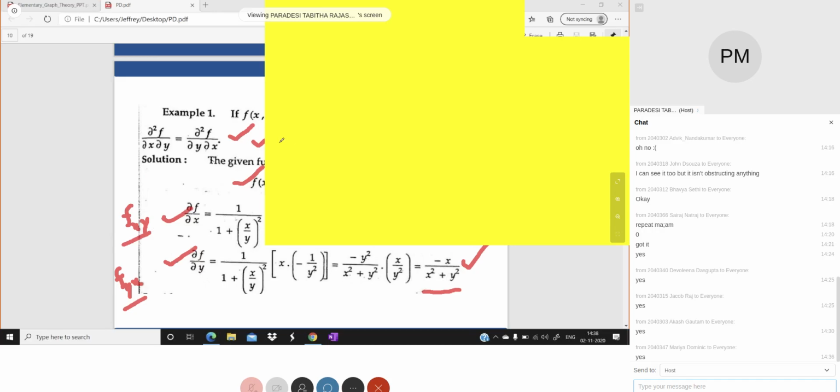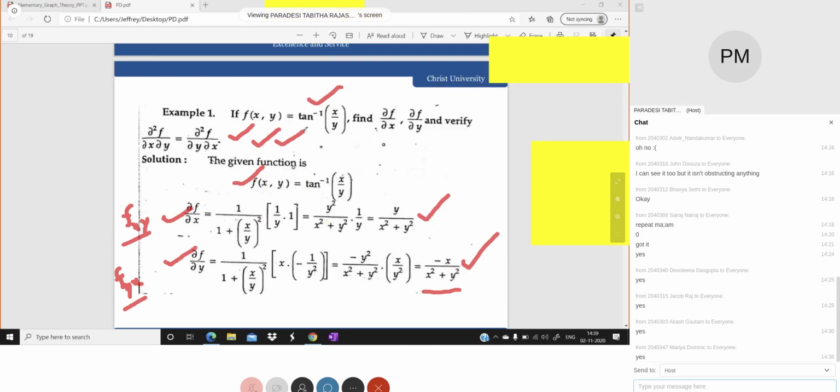Tell me whether fxy and fyx are equal. Yeah, okay, Pallavi's confirmed that they are equal.